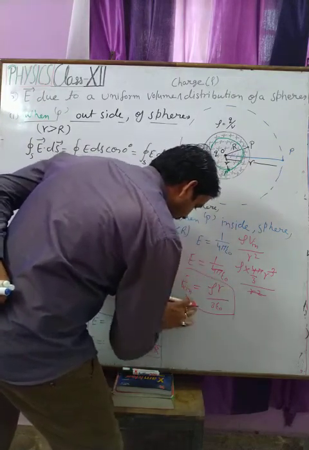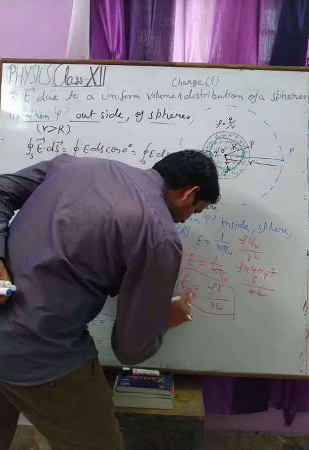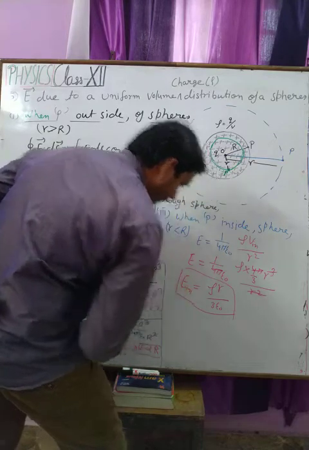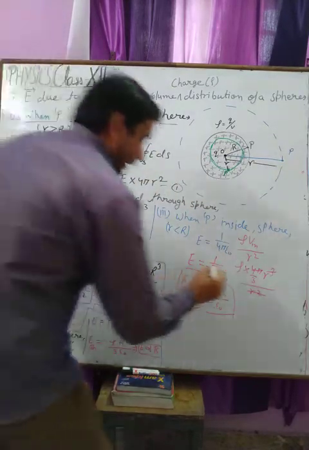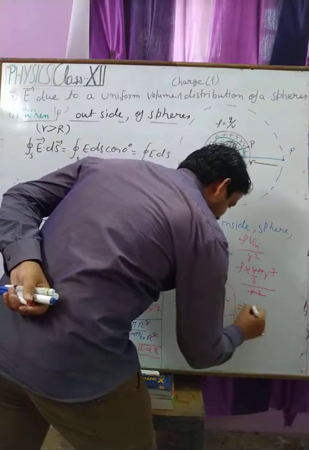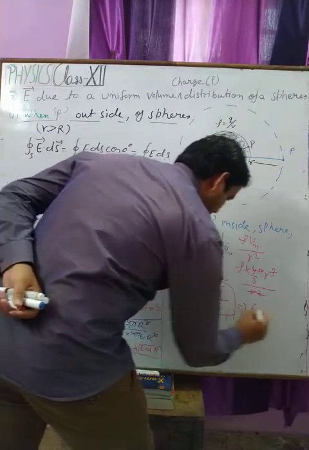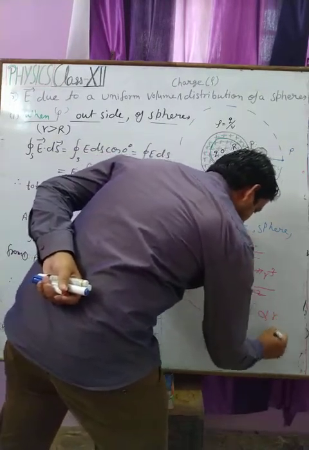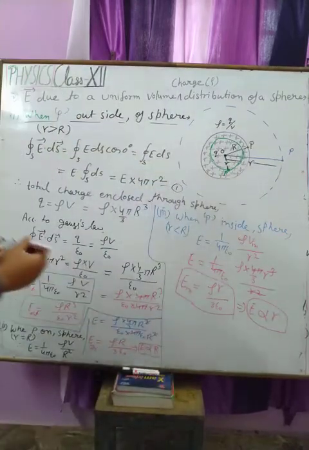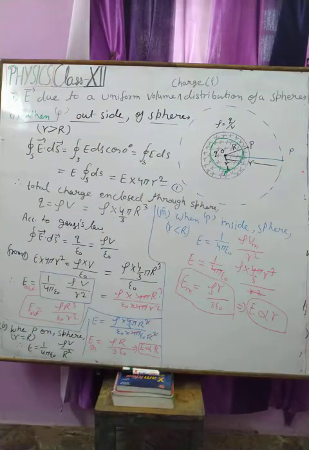You are finding the electric field inside the surface E is proportional to r, which means as r increases the electric field also increases with a linear relation. Just copy it, then we draw the graph for this.